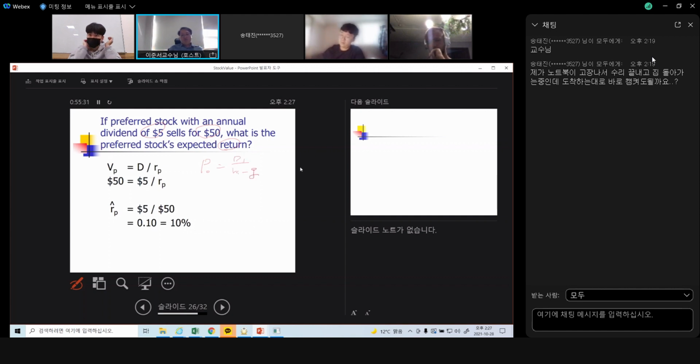If the dividend is constant, that's the way to calculate the preferred stock value. So D1 equals D0, G equals 0. So this is D0 divided by RS. We talked about this, right?